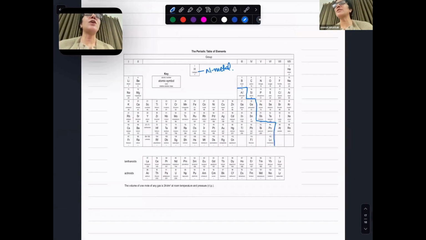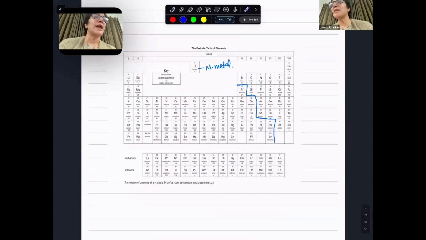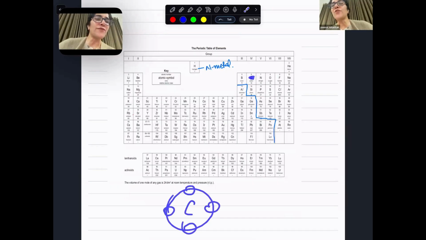Or for example, if I take carbon, nitrogen, oxygen, fluorine. Carbon is of group 4, so it has 1, 2, 3, 4 electrons in the outermost shell. Nitrogen, group 5, has 5 electrons in the last shell.